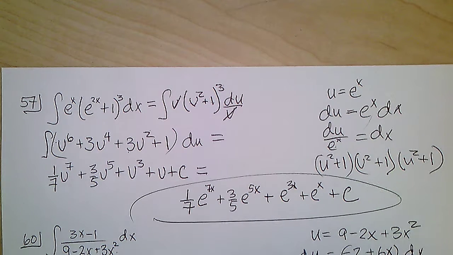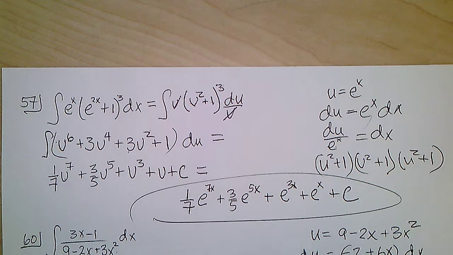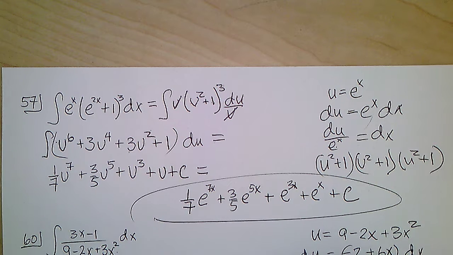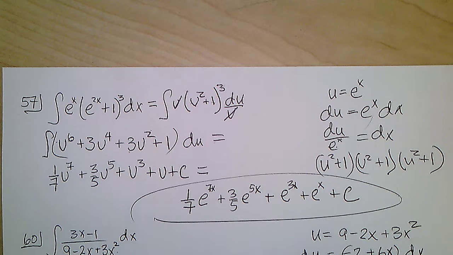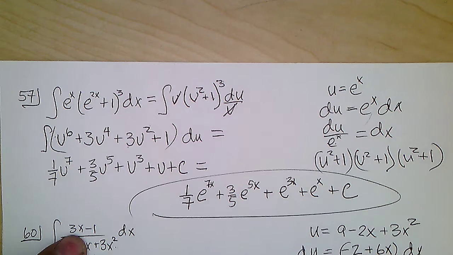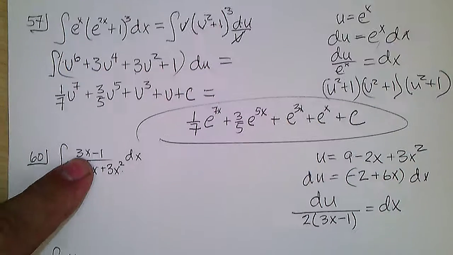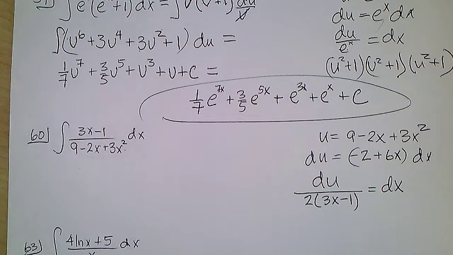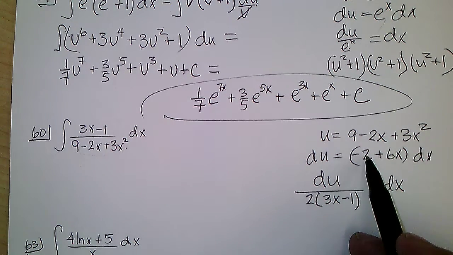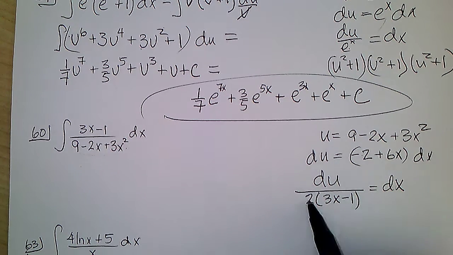So I divide, and I'm going to get du over, and I said there was something here. There's a 2 of both of these, so I'm going to take out the 2, and it's going to be 3x minus 1. And there's my 3x minus 1. So, sorry, I didn't show that there. I can take a minus 2 out of this, and I get this.